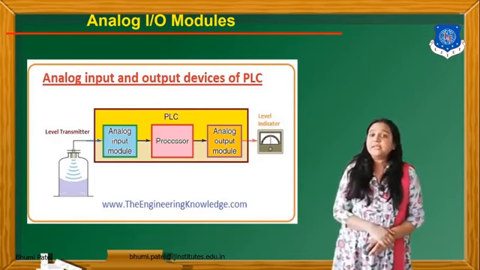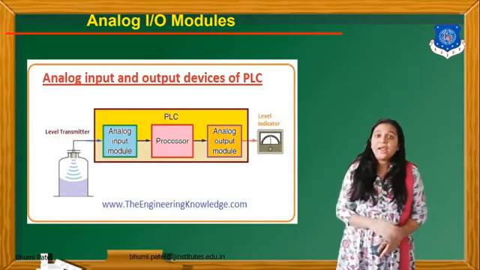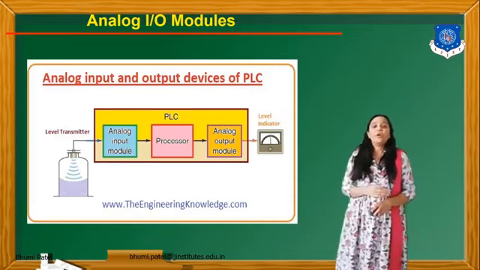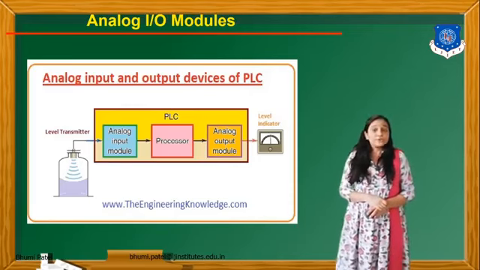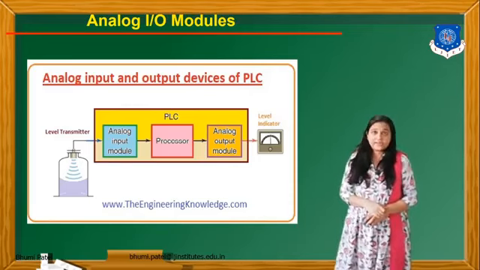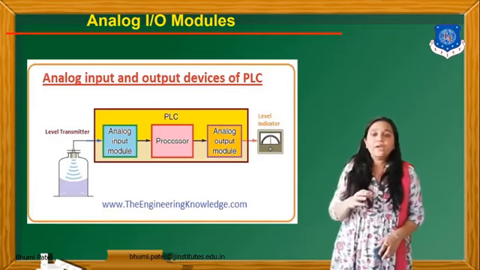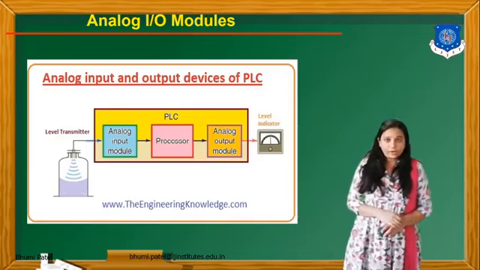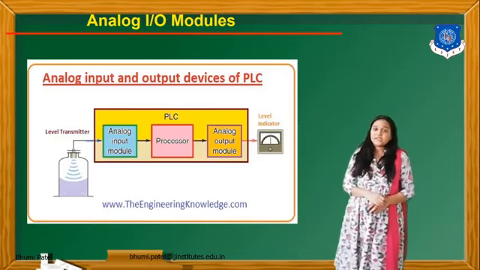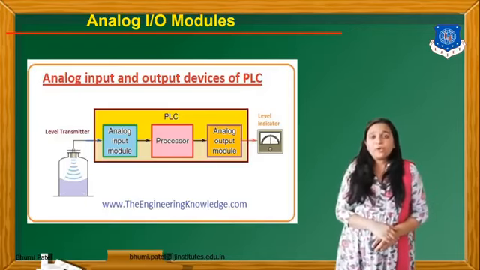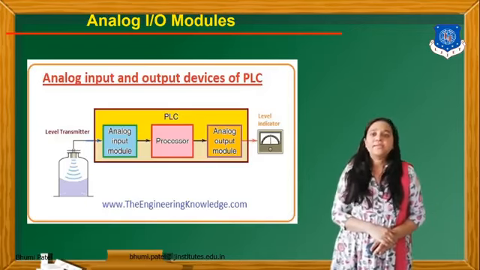Now PLC is a type of processor, and it can understand only digital values. So our first target is to convert this analog input module data to digital form, because the PLC hardware connects to the CPU, and the CPU identifies only digital values.